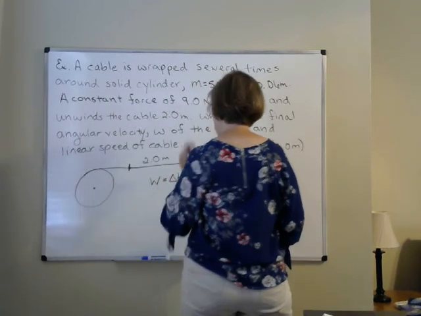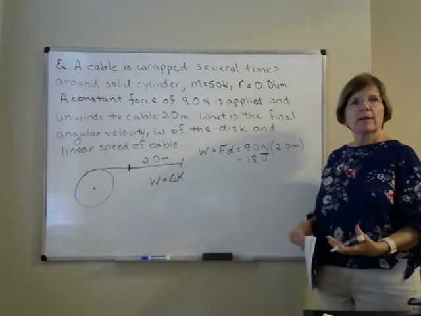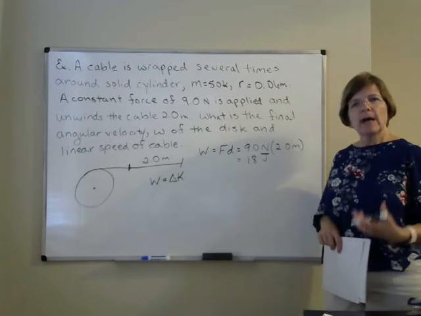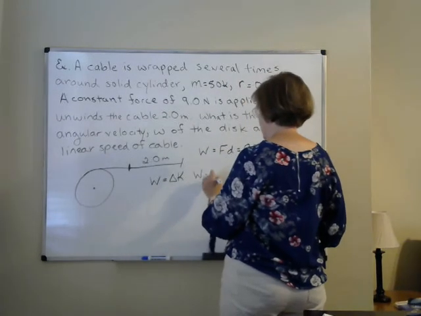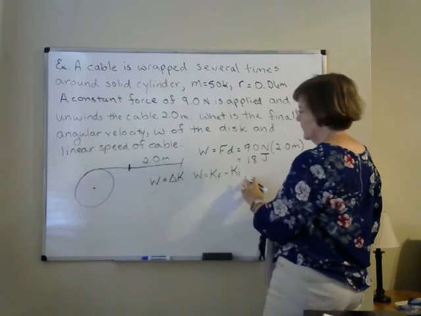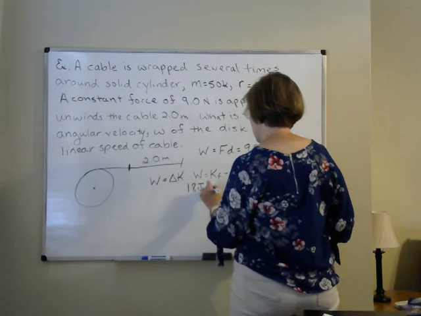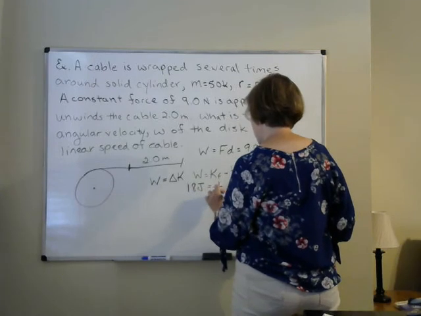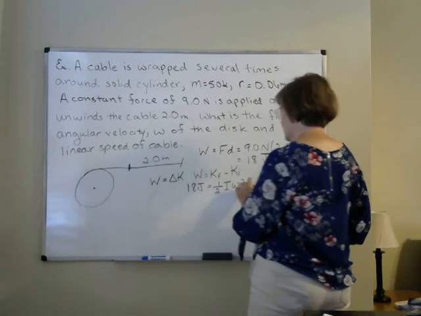In this case, if the initial kinetic energy is 0, then the work will simply equal the final kinetic energy, right? Because this is work equals K final minus K initial, but that was 0. So 18 joules equals 1/2 I omega squared.